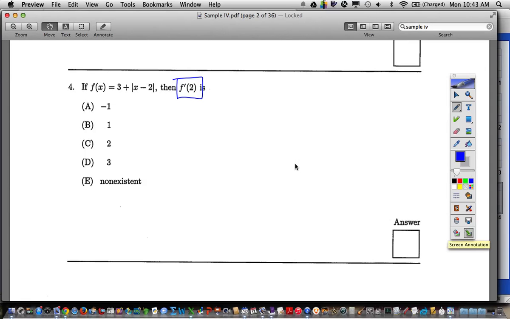Definition, the long one. But if it doesn't say, use the definition, then don't do it. Don't do it. It's going to specifically say, use the definition. Okay, so what's another way then? The power rule. Well, unfortunately, right, that doesn't work with absolute value. Okay? What's another way?